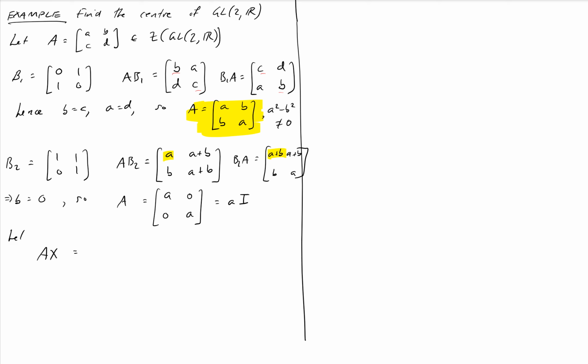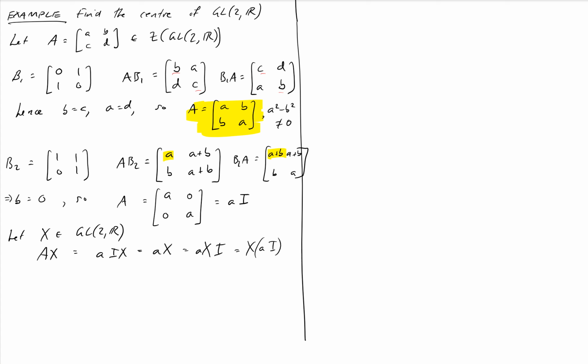So now I'm just going to choose an arbitrary X from GL2R. Then A times X is equal to A I X, which just equals AX, which equals AXI, and I guess that scalar can move to wherever it wants in the multiplication process.